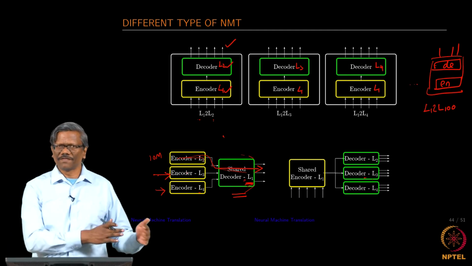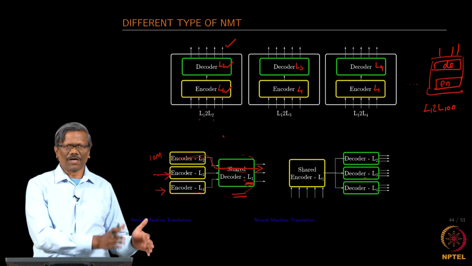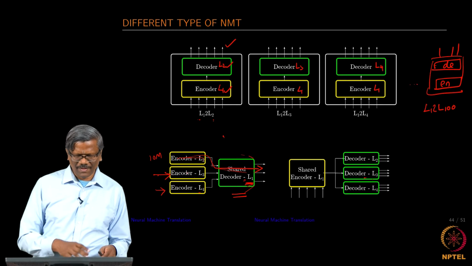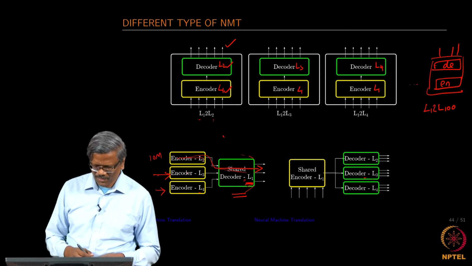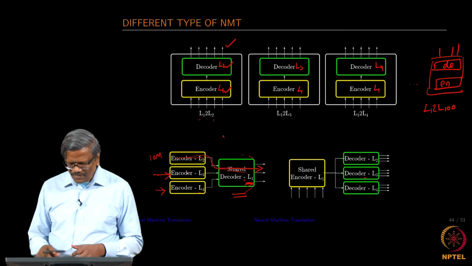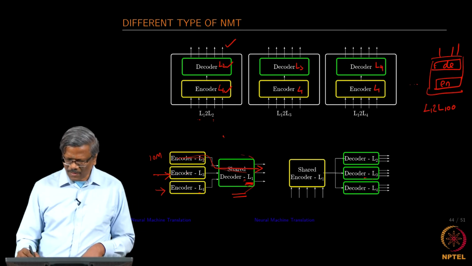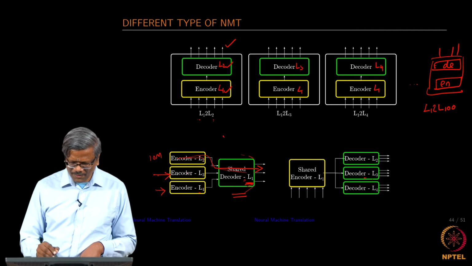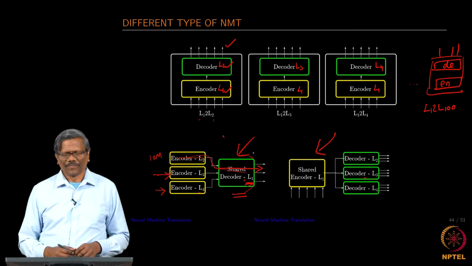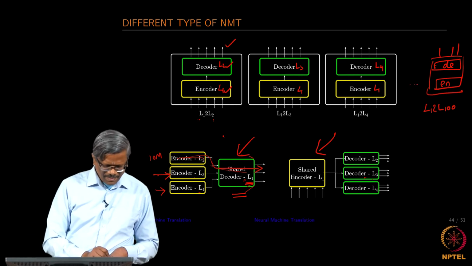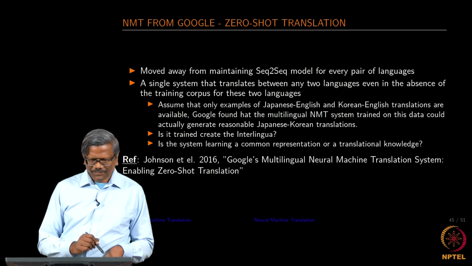So, we need to specify or earmark certain tokens so that the encoders know which one you are going to be using. Okay. So, this is one approach where you can at least reduce the number of RNNs, right.